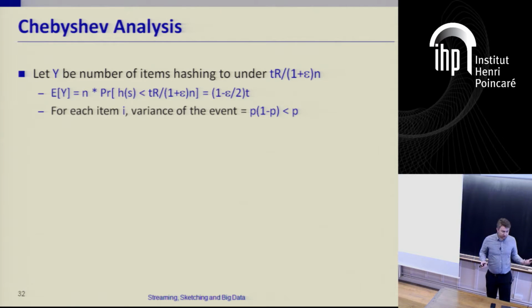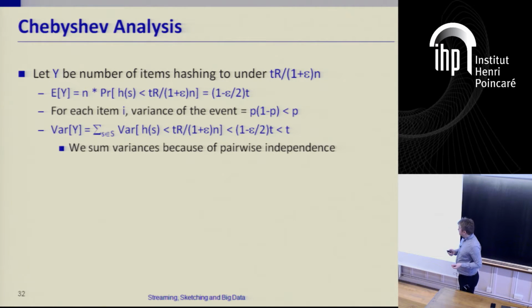And I can look at the variance of this event. Again, we're dealing with essentially a Bernoulli event with a fixed probability. So the variance of this quantity is just the sum of the variances corresponding to each individual element. I can sum variances because I don't need a very strong independence.